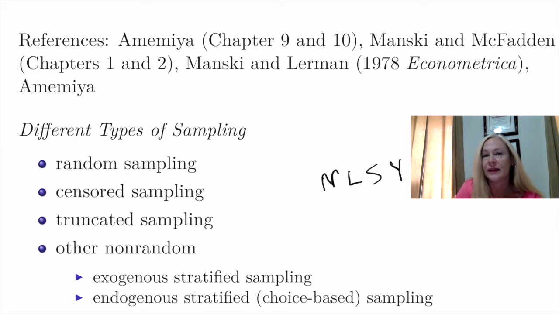If you go to the Amtrak station, they're probably not taking the bus. Normally with choice-based sampling, you go and interview people that made a certain choice, like train or bus or car or taxi, and then you gather information on their characteristics. So the probability that they're in your sample is based on the choice that they made.